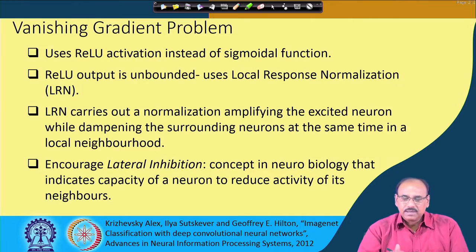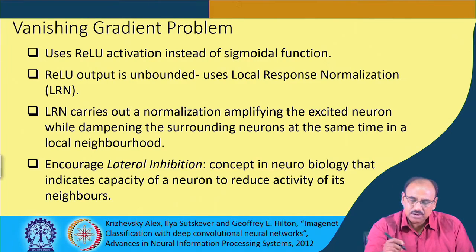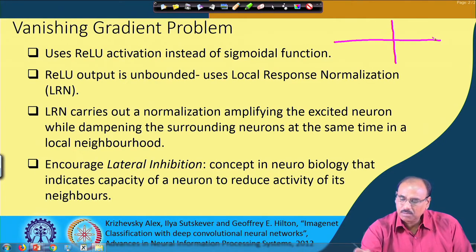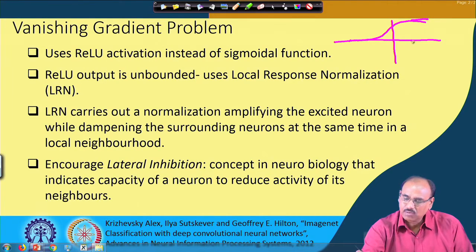And why do you get this vanishing gradient problem? It is because, if you remember, our sigmoidal function was something like this, right? It saturates at 1 where your input parameter x becomes very high. Similarly, it saturates to 0 when the input parameter is very low on the negative side.